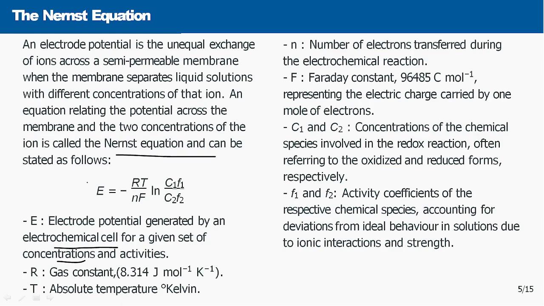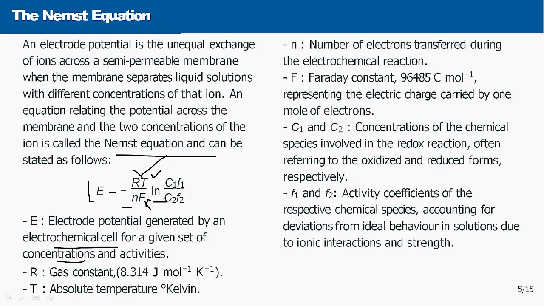You mark that this electrode potential depends on the gas constant R and the absolute temperature T, RT by nF. Here n is the number of electrons transferred during the electrochemical reaction. F, as we know, is the Faraday constant, 96,485 coulomb per mole, and here it is the ln of C1F1 by C2F2.